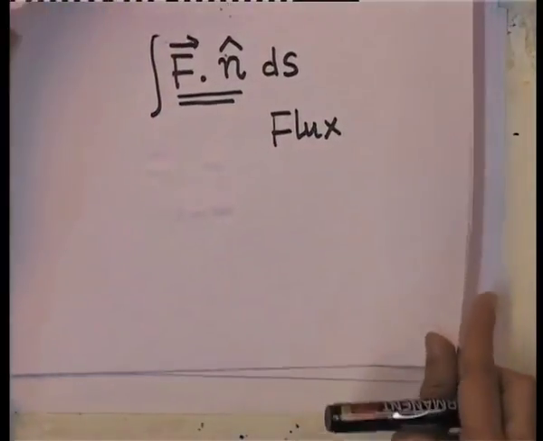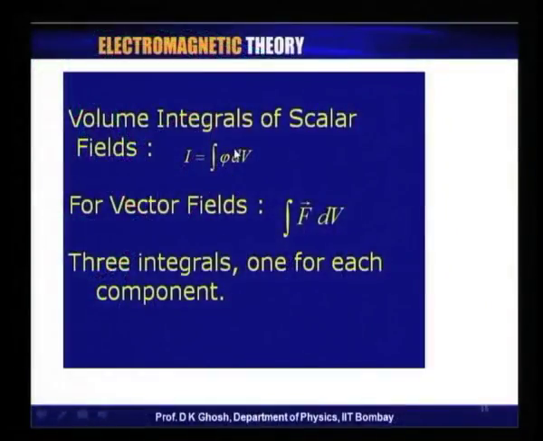Now, we can extend this concept to a three-dimensional integral, but this is much simpler, because the integral is simply a volume integral over a scalar function. A scalar function is phi, and so this is nothing but normal triple integration, which you are familiar with.